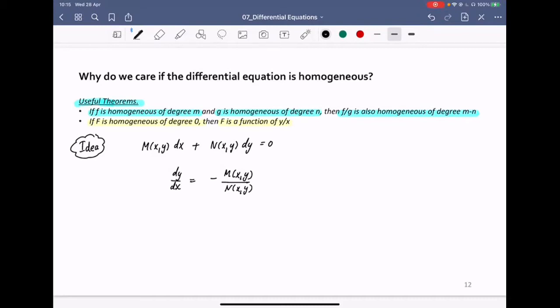So you can see that you're going to get dy by dx equal to negative M over N. And you know that M is homogeneous of degree m, and your N here is going to be homogeneous of degree n, right?